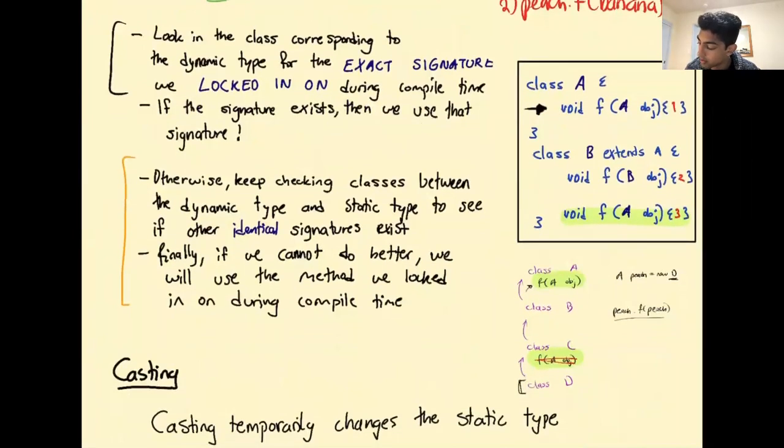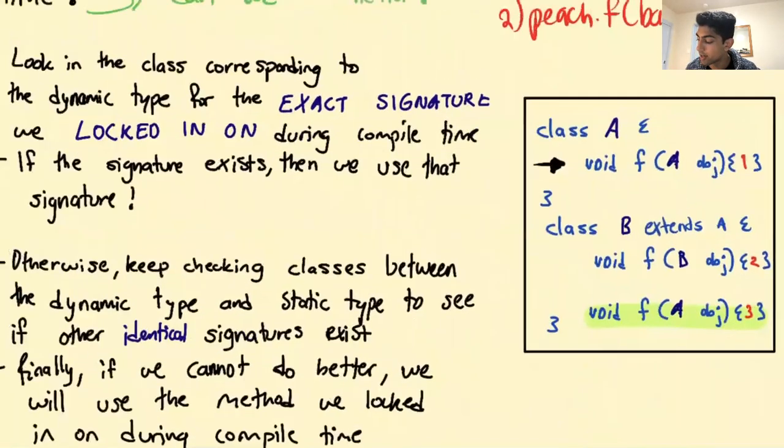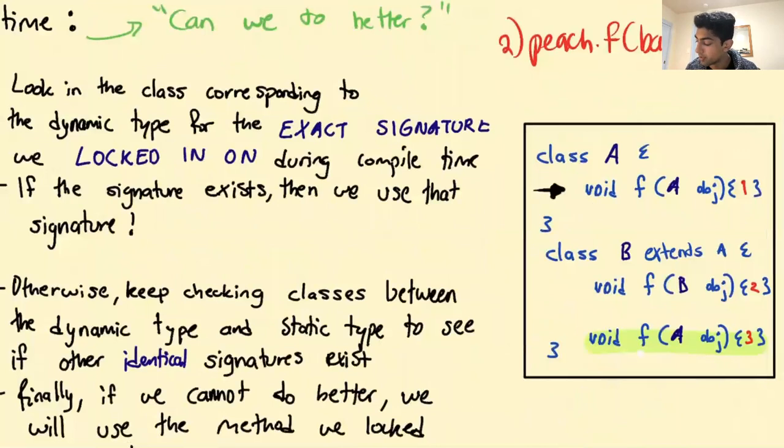Nice. So the next example I want to walk through is peach.f(banana). In peach.f(banana), what's going to happen during compile time is we're going to look in class A, because that's the static type of peach, for a method that takes in an object of static type B, because banana has static type B, right?